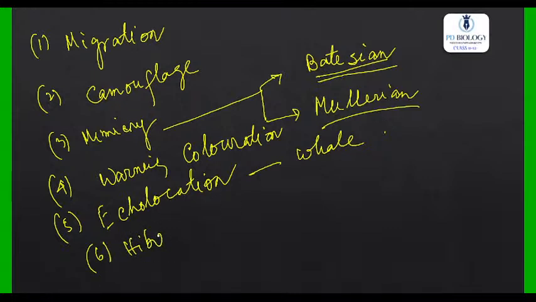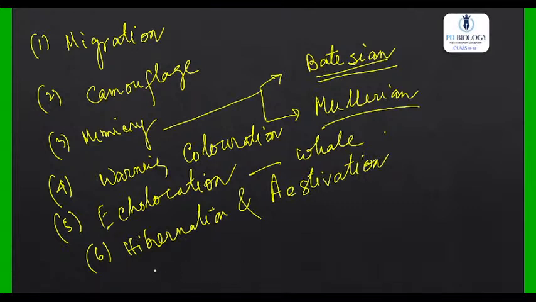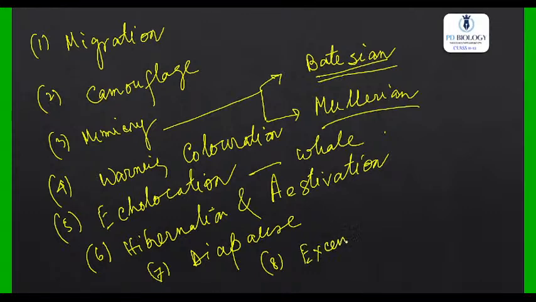Hibernation and estivation. Diapause. And adaptation in excessive cold condition, which follows Jordan's rule, Bergman's rule, and cold hardening.